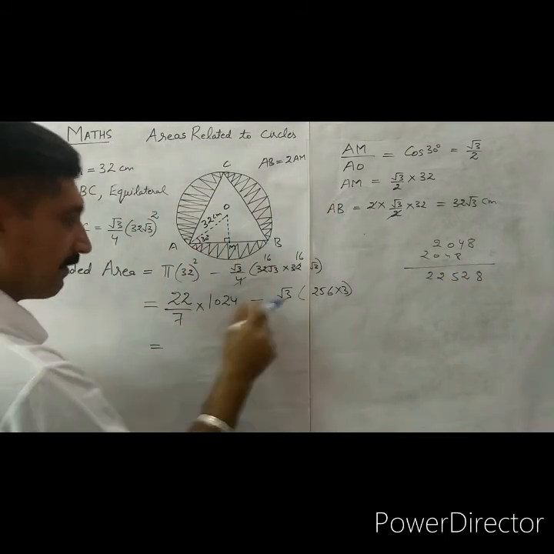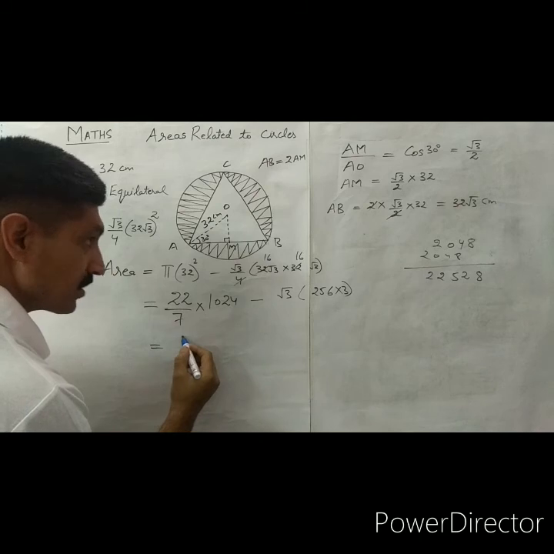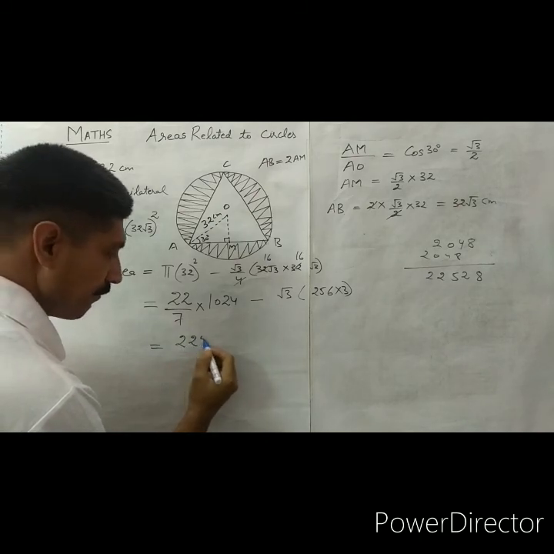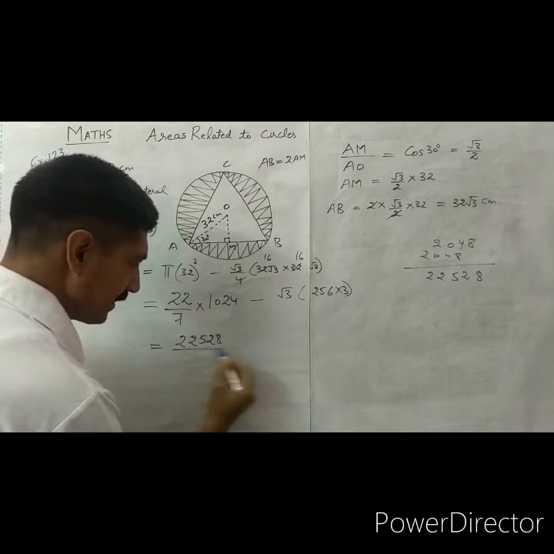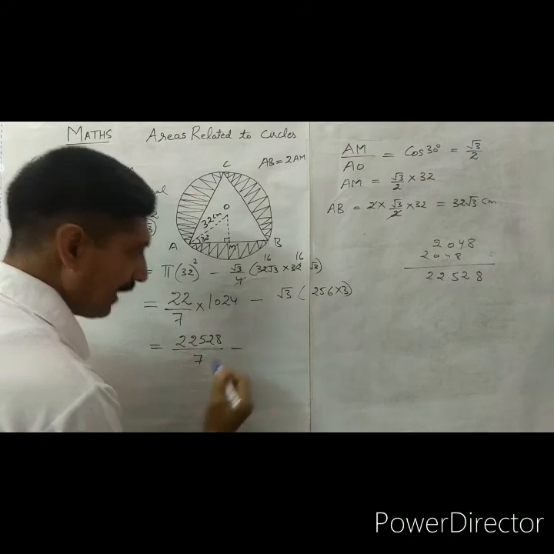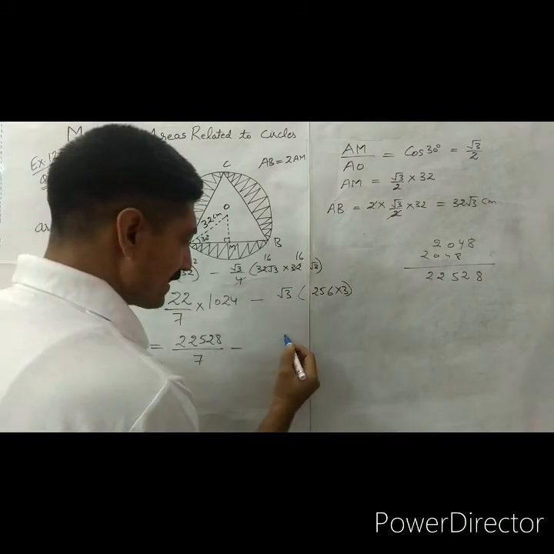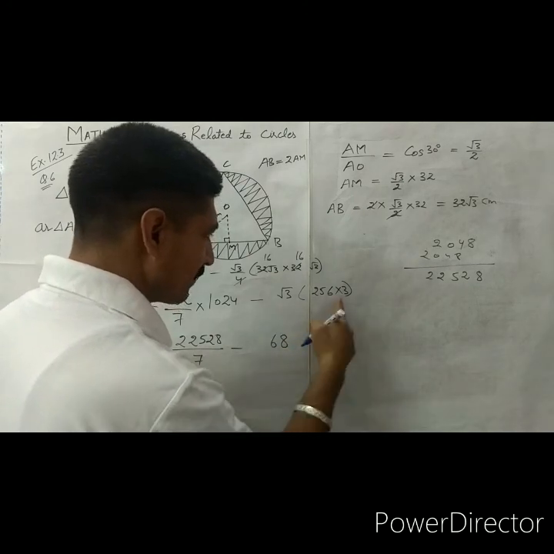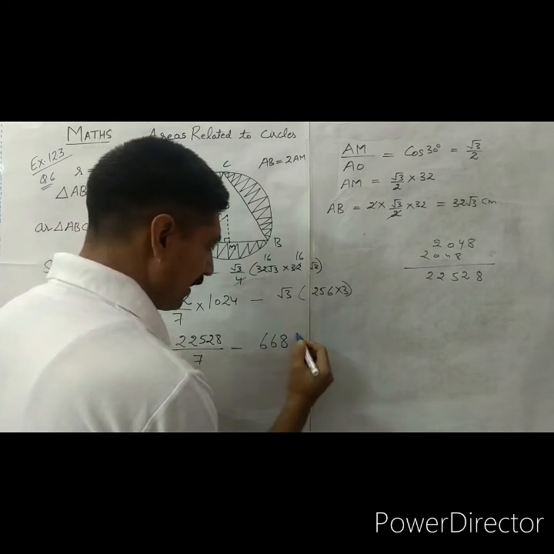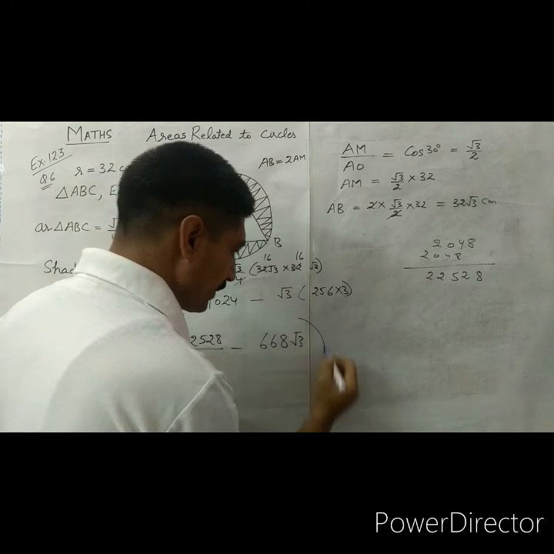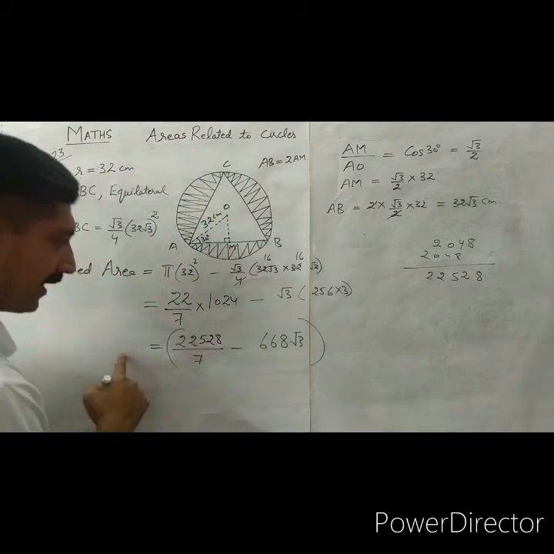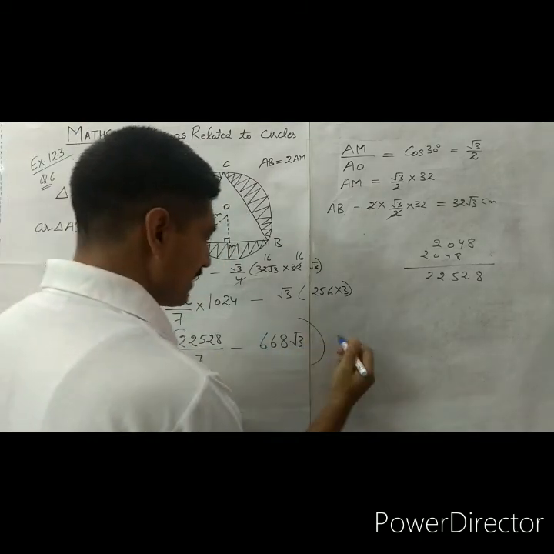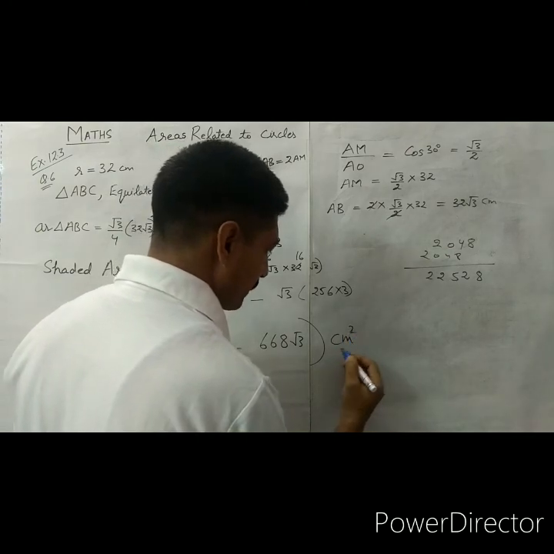So multiplying divided by 7, it is 22528 divided by 7 minus here we have 18, 15 plus 1 16, 5 plus 1 6 under root 3. So this is the required shaded area. This is in centimeter square.